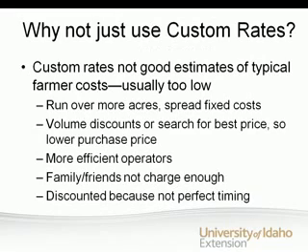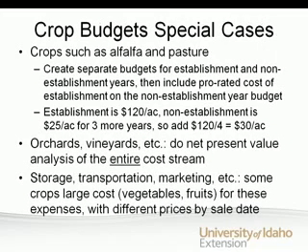A lot of states publish custom rate guides, and it's a temptation to use those. They are a pretty good source of information for machinery costs. For instance, if you're raising hay, you can go to that publication of custom rates. Idaho does publish one of those, and you can look at swathing and say, well, if they charge $12 an acre, that's what I'm going to use for my cost for swathing.